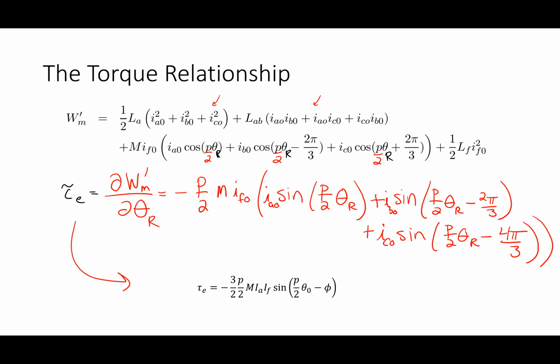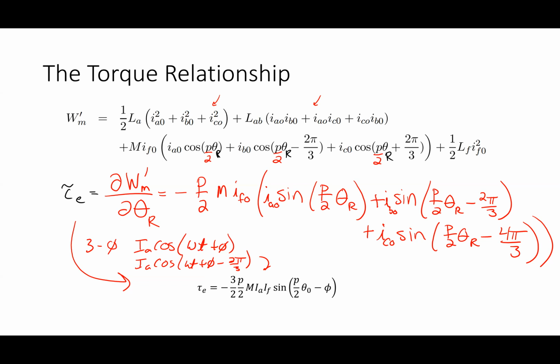Well, what I put in here was a three-phase set of currents, right? IA cosine omega t plus phi, and IA cosine omega t plus phi minus 2 pi over 3, and so on. I substituted that.